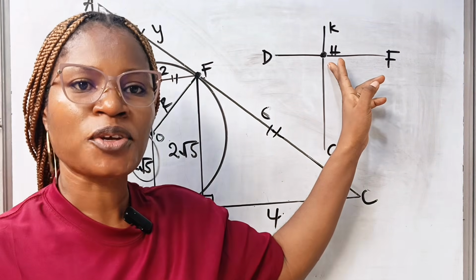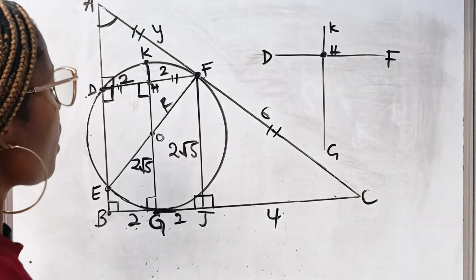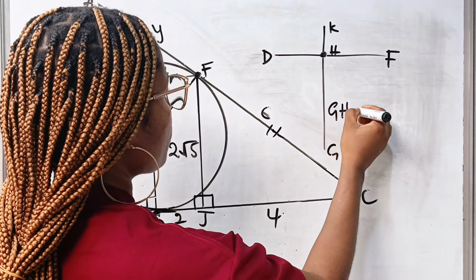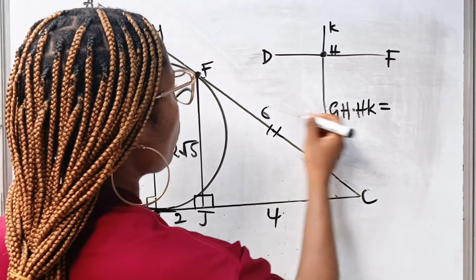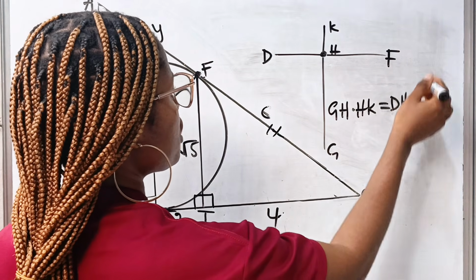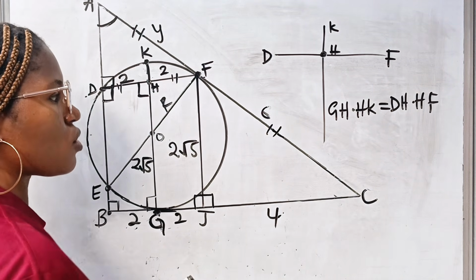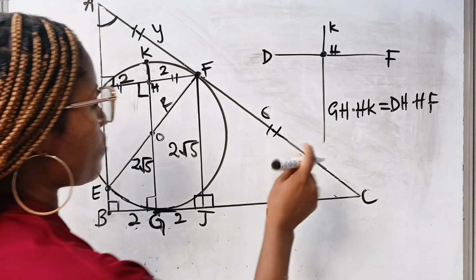So using the chord theorem, because they intersect at a point, we can say that GH multiplied by HK is equal to DH multiplied by HF. Now GH is 2 root 5.